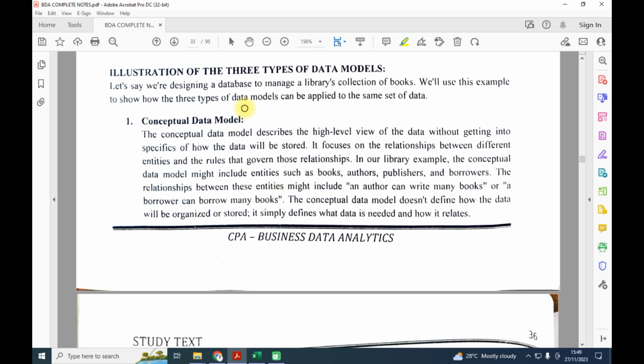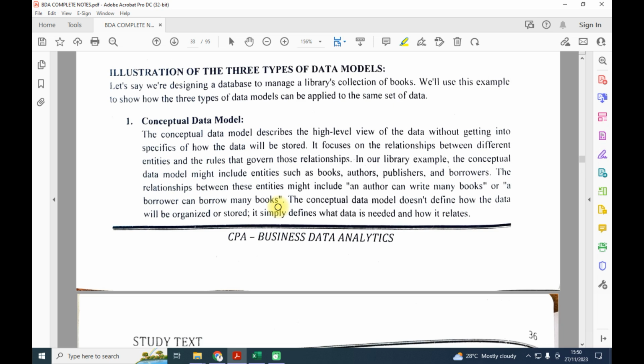So in this case now, under the conceptual, remember here is a basic model that we are coming up with. The conceptual data model might include entities such as books. Remember here we are defining the entities and the relationships under the conceptual data model. So the entities such as books, authors, publishers, and borrowers. The relationships between these entities might include the author can write many books, or the borrower can borrow many books.